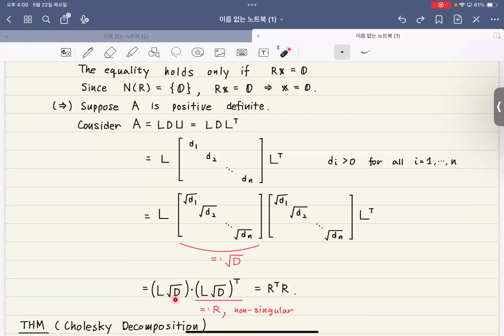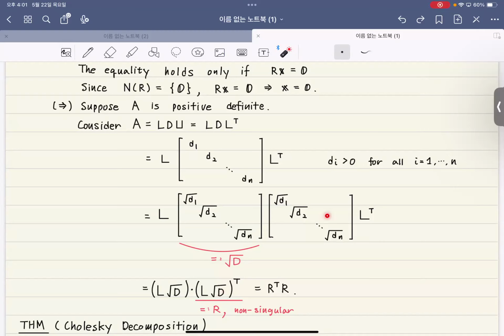This is still another diagonal matrix, square root of D, times L transpose. But the square root of D times L transpose can also be written as L times square root of D, and everything transpose, right? And this matrix L times square root of D is clearly non-singular. Why?